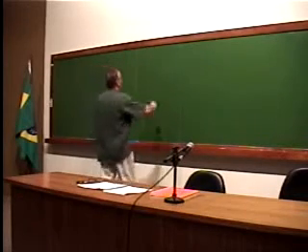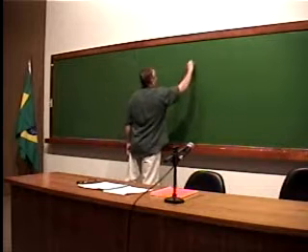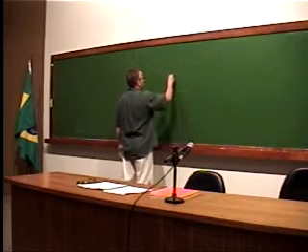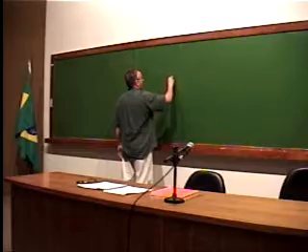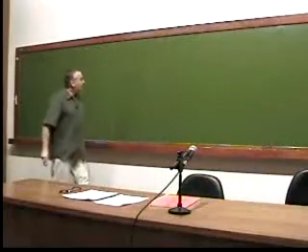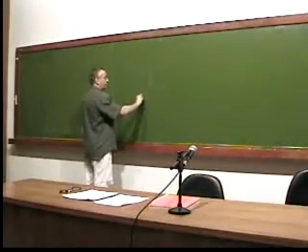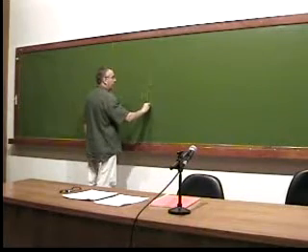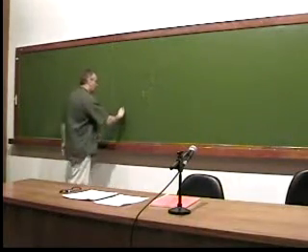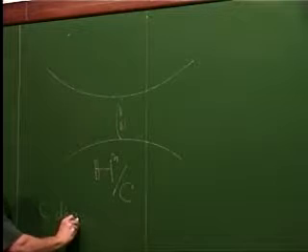So if I start by the picture that I drew yesterday. This was supposed to be the quotient of the hyperbolic space of dimension n by some discrete group of isometries.